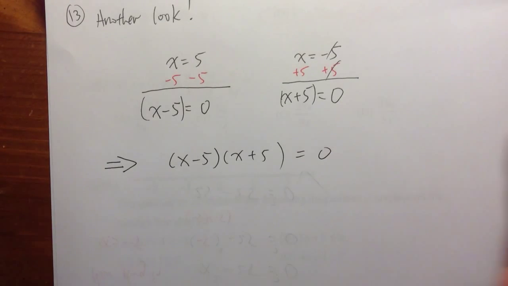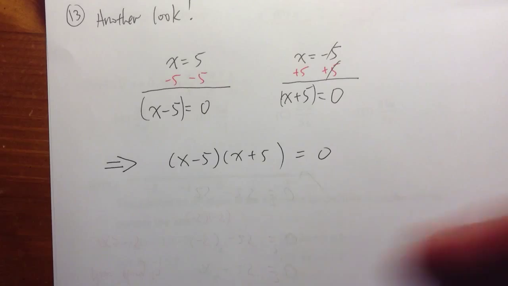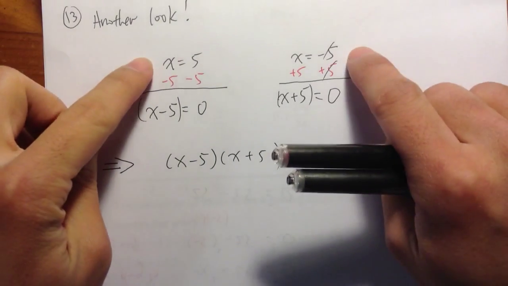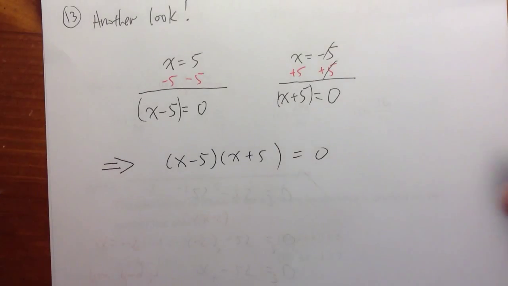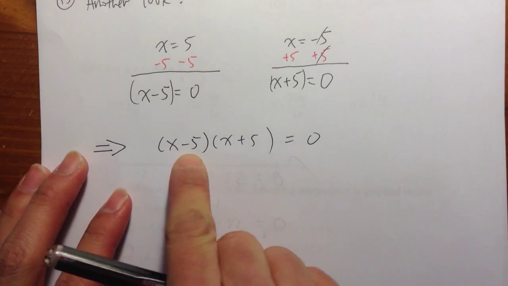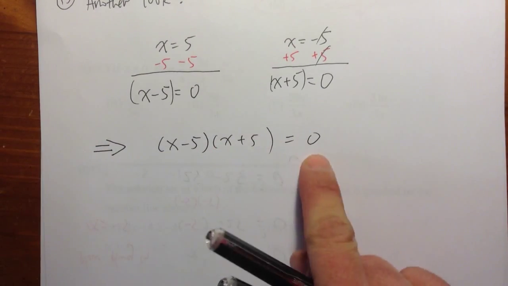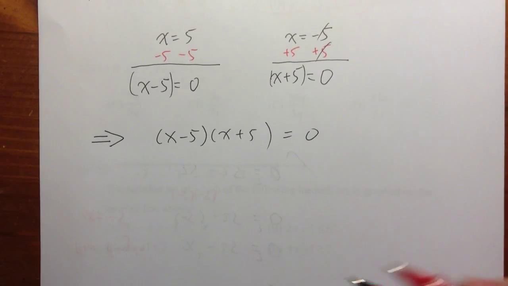As you can see, instead of isolating the x, I'm trying to make sure that x has a big party. I want to just put things together for the x. So we have x minus 5 times x plus 5 equals 0.